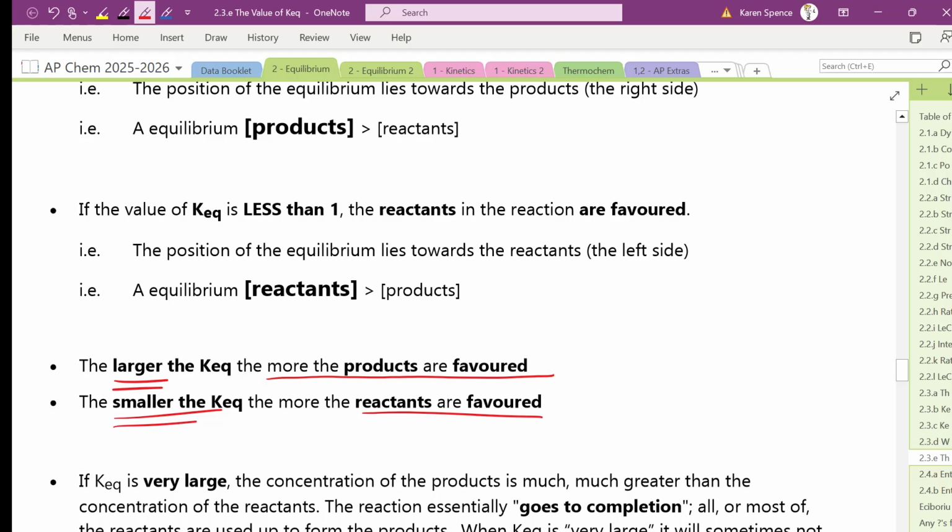You can actually get some KEQ values where, let's say, there's a thing called a KSP, which is a KEQ for a solubility equilibrium.